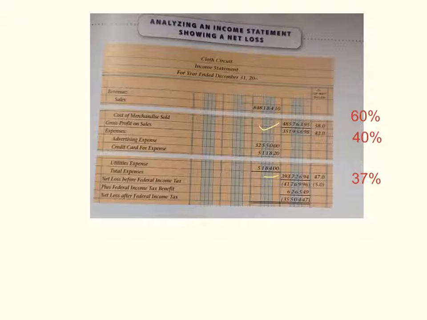Federal income tax, since you had a loss, is referred to as federal income tax benefit, and this number would get added to your loss to show your net loss after taxes of $35,000. Again, since it is a loss overall, it will be shown in brackets.